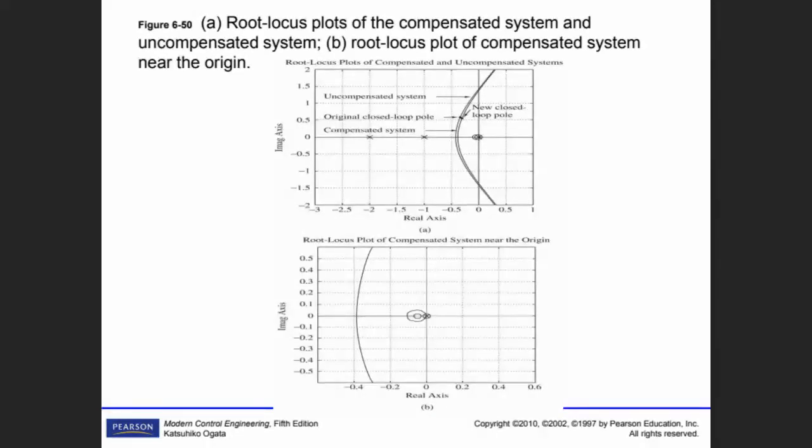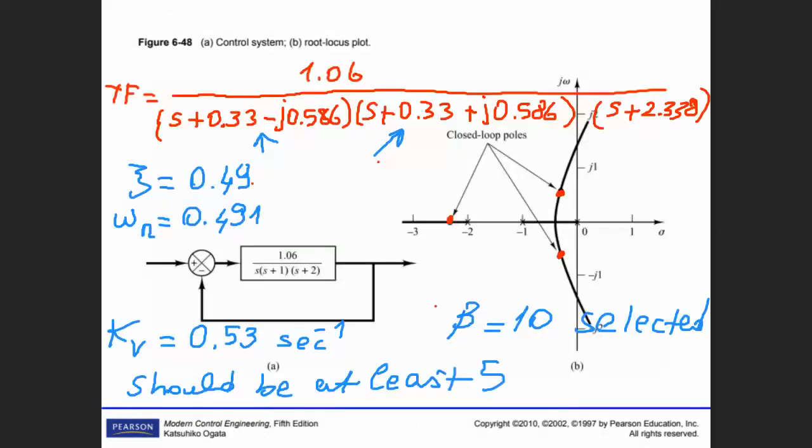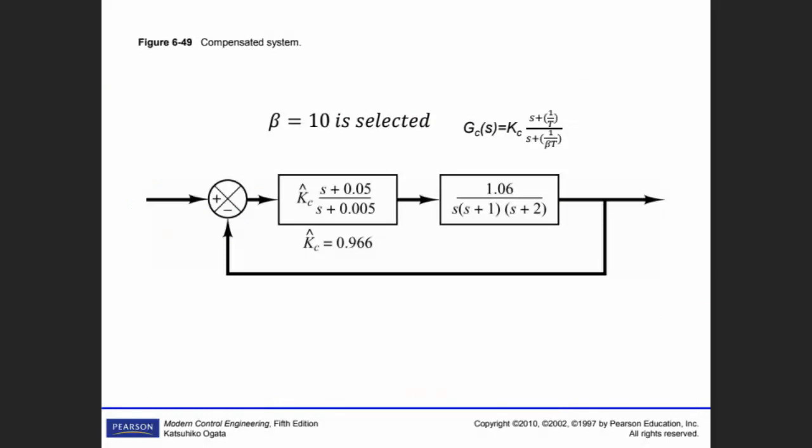It is very near to zero, very near to origin, you may even call it origin. You are adding another pole to this system.